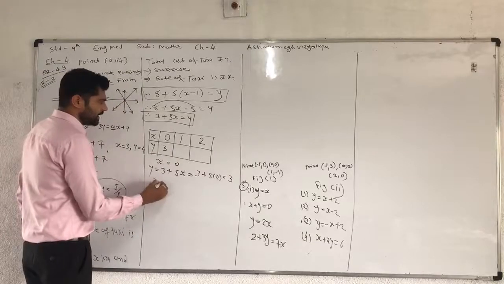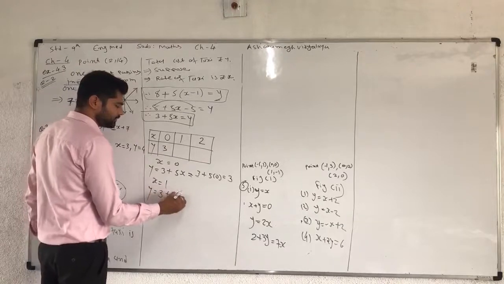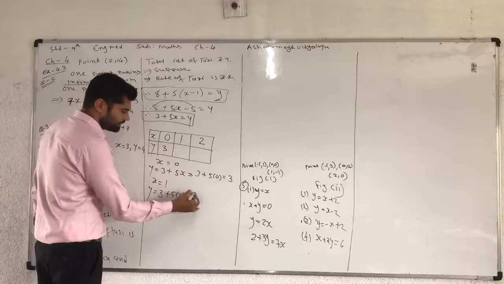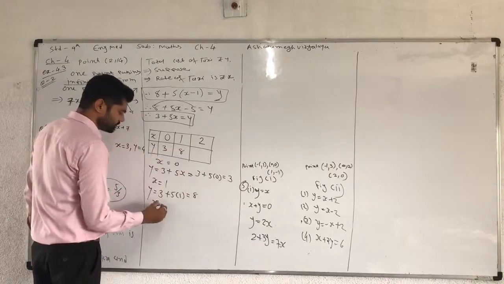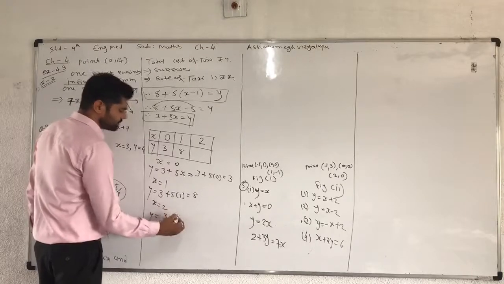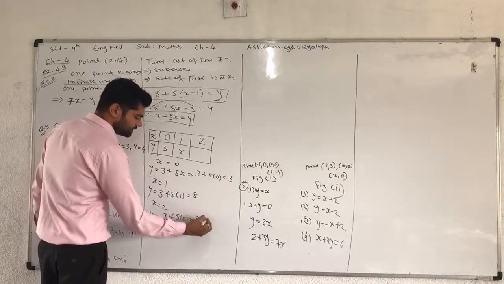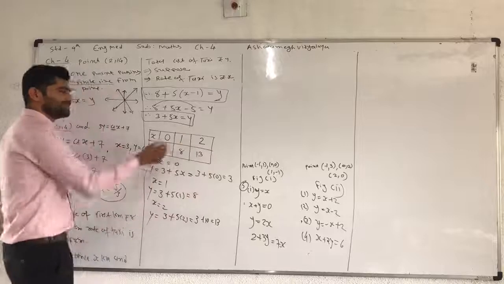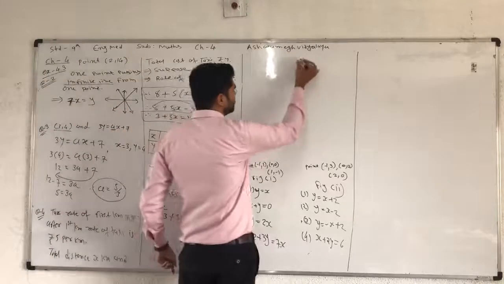Now x equal to 1, therefore y is equal to 3 plus 5 into 1, 5 plus 3, the answer is 8. x equal to 2, so y equal to 3 plus 5 into 2, it means 5 into 2, 10 plus 3, the answer is 13. So these can be the points represented on the graph, on the x axis and y axis.